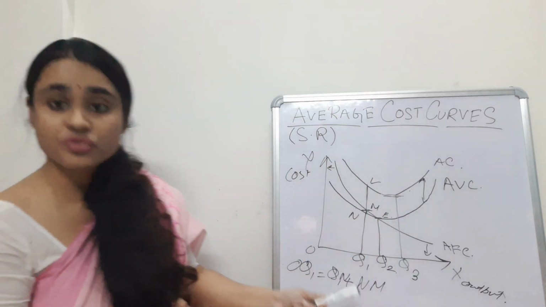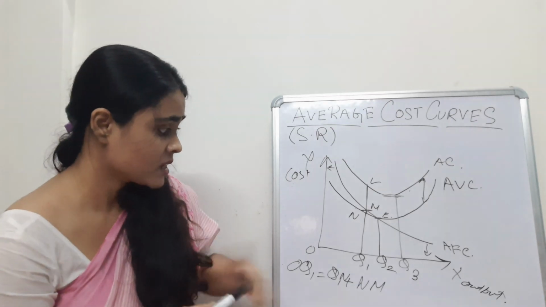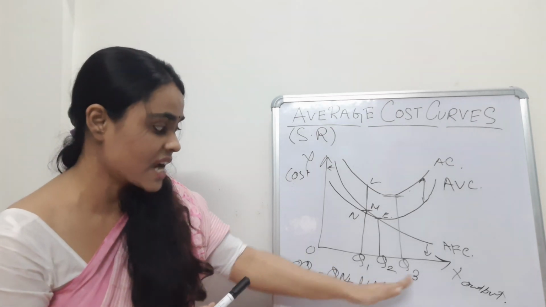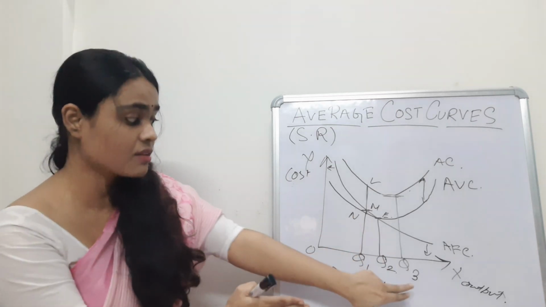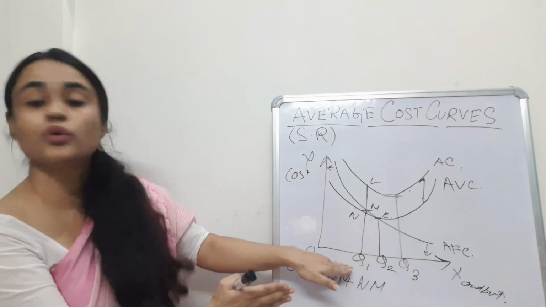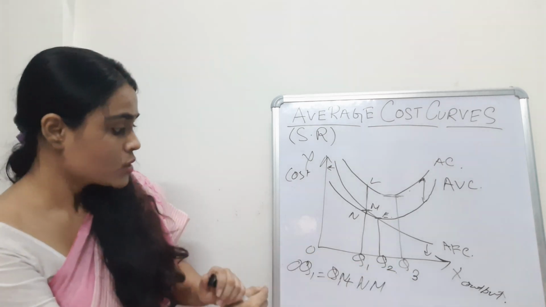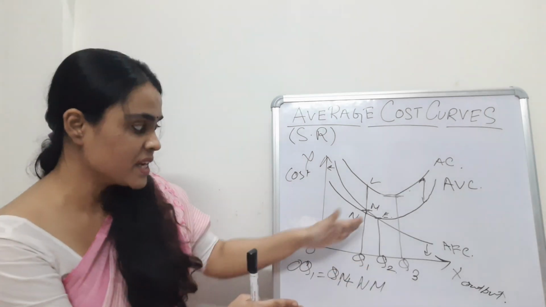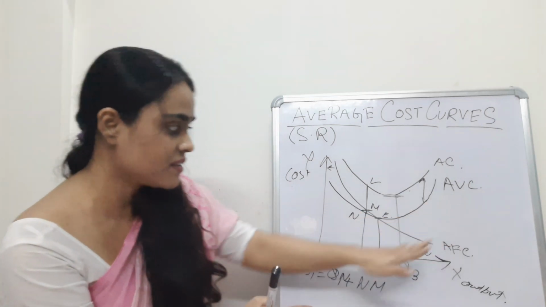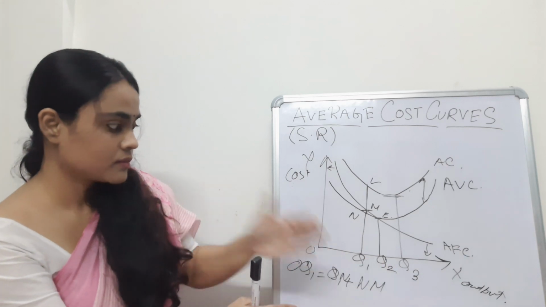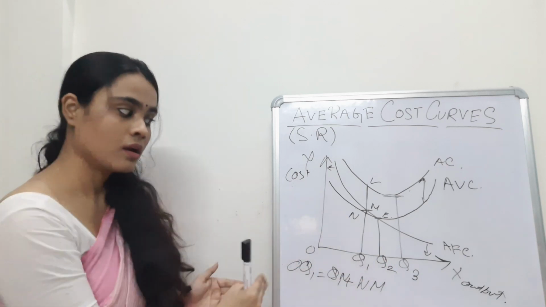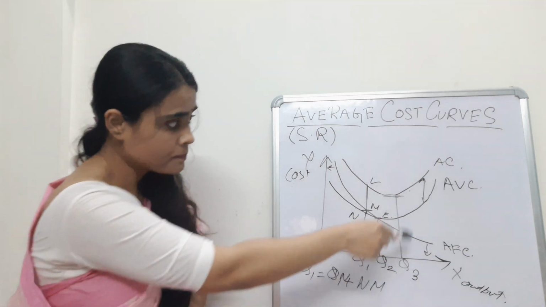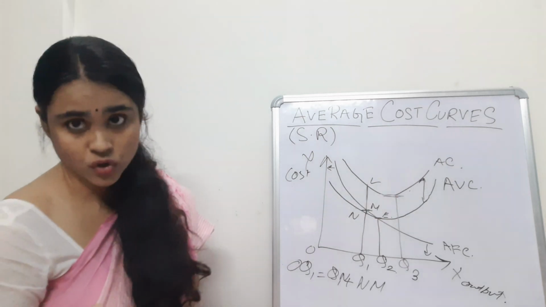It happens to the right of these two outputs. So OQ1 and OQ2, these two minimum values of AFC and AVC, are to the left of the minimum point of the average cost curve.